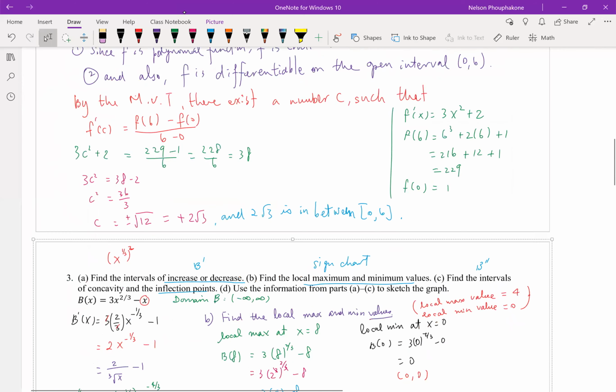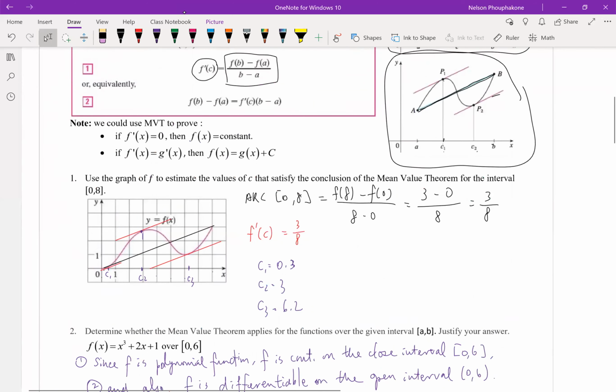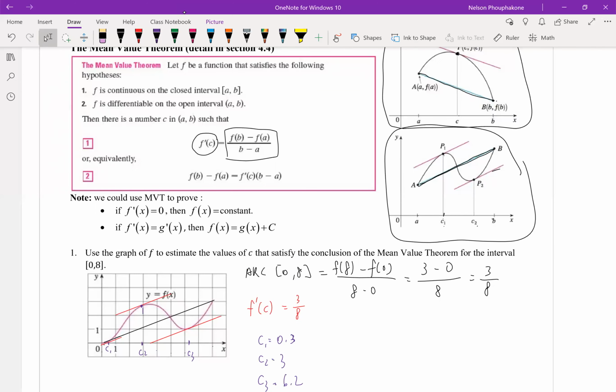Of course, we also introduced the mean value theorems. So that is it for this lecture. Thank you.